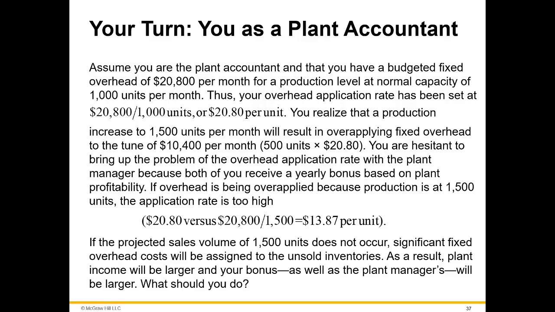That will make income larger and your bonus larger as well. So what do you do? Well, you want truth to be truth. You don't want to just do something for your bonus. You want to apply it at the correct rate. Now, you've got a plan, and you can't just do everything on projected. You've got to see what actually does occur. And so that would be the question.